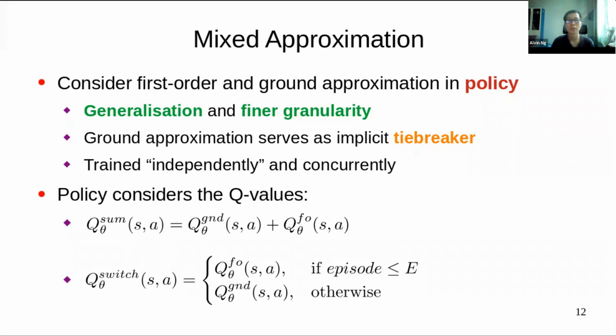Second, we consider the Q values from the first-order approximation up to episode E before switching to the ground approximation. The second policy is primarily for transfer learning, where the first-order approximation is transferred and served as an informed exploratory policy to train the ground approximation for the first E episodes.